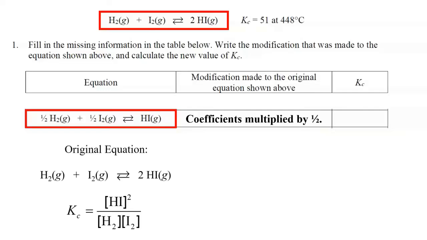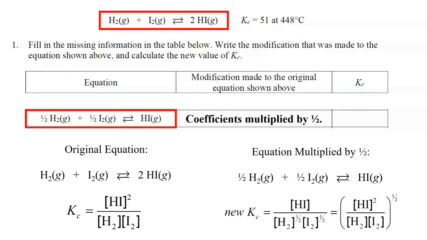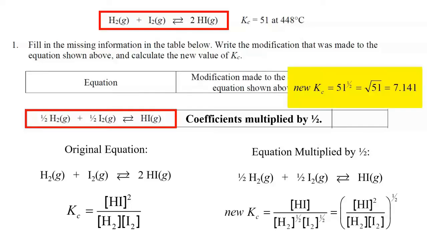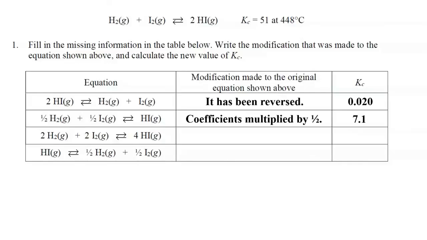So 51 raised to the 1/2 power is going to be the math that we do to calculate the new value of K. Here you can see that when the equation is multiplied by 1/2, the original equilibrium constant expression is raised to the 1/2 power. So 51 to the 1/2 power is the square root of 51, which is 7.141, and we'll round that off to two significant figures, 7.1.